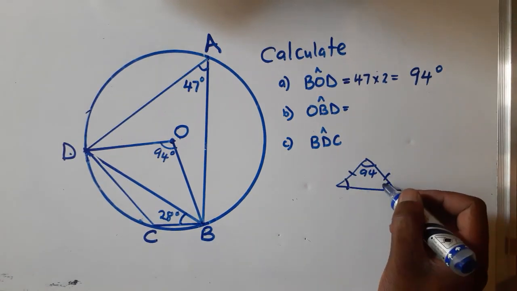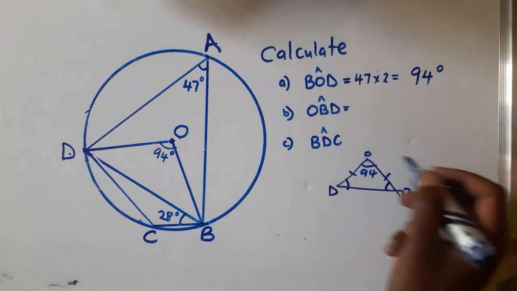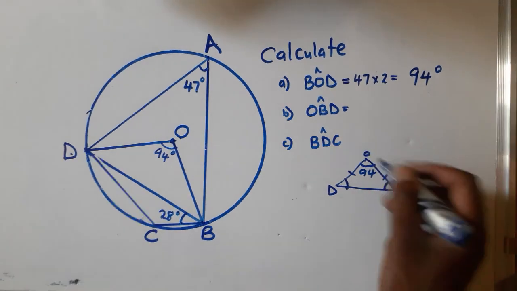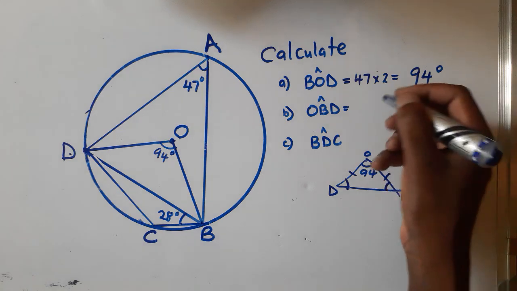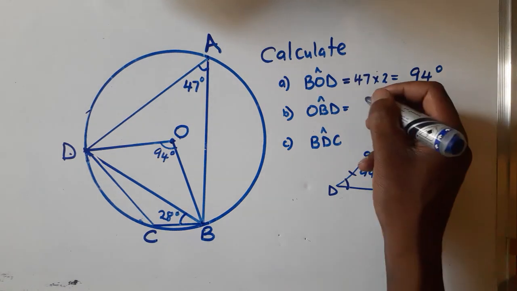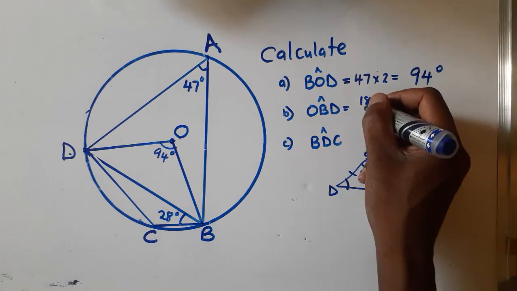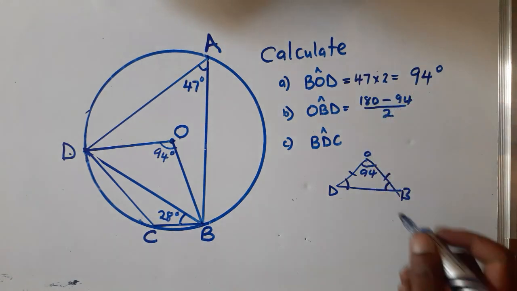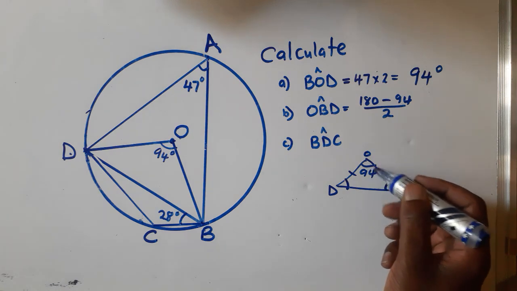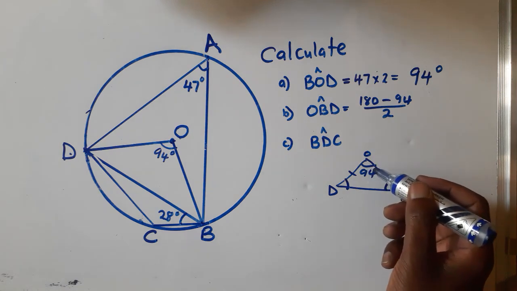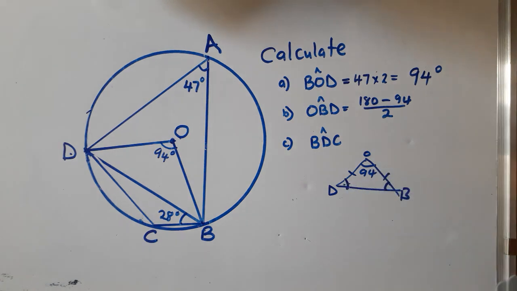To find one of the angles, which is OBD, we subtract 180 minus 94, then we divide by 2, because what we get must be shared equally by these two angles since they are equal.